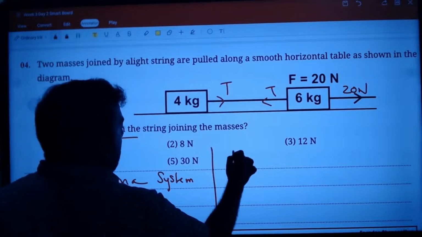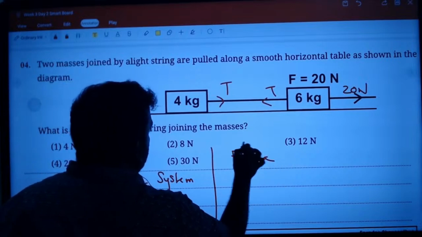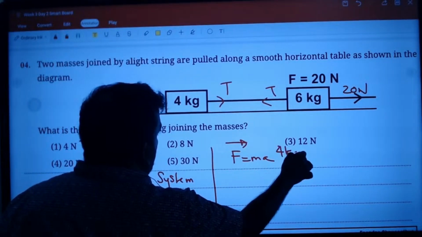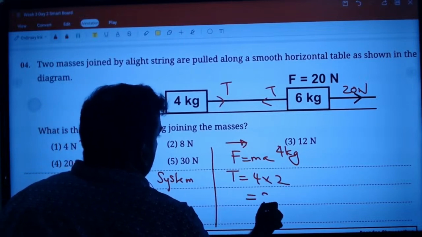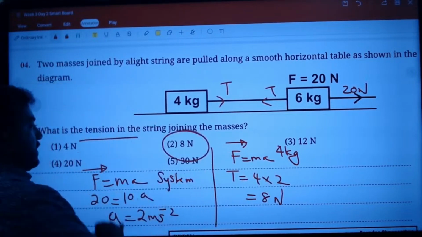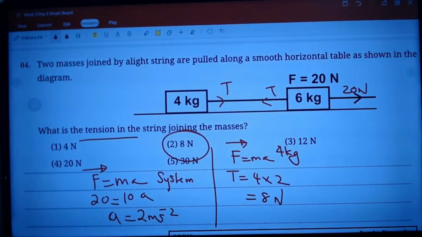Now I can apply F equal ma for the 4 kilogram mass. Tension is equal to 4 times acceleration 2. Tension is 8 Newton, answer number 2.